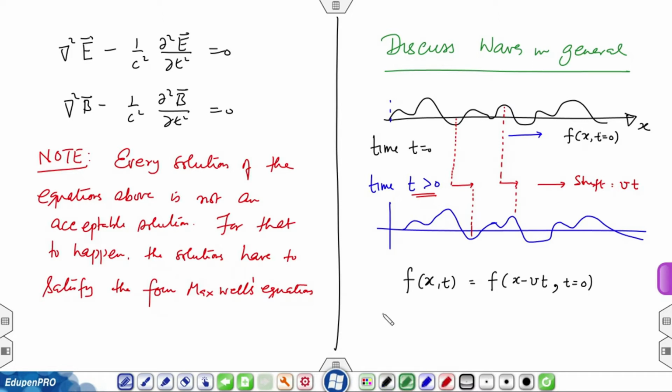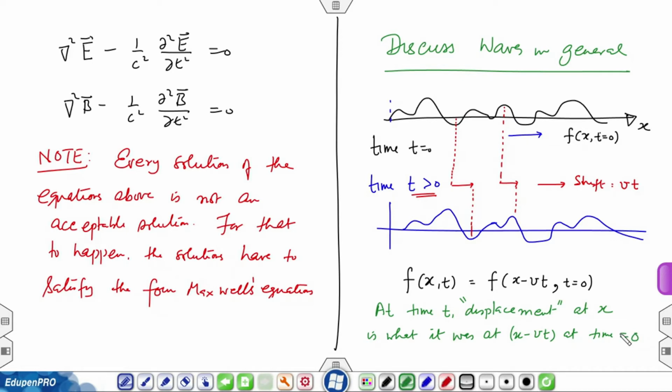The meaning is, at time t, the displacement or disturbance, whatever you want to call it, it is not necessarily displacement, so I am just going to put it in quotes. The displacement at x is what it was at x minus vt at time equal to 0.